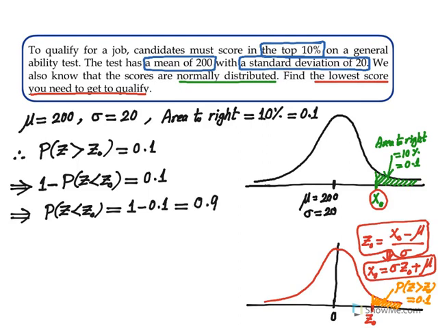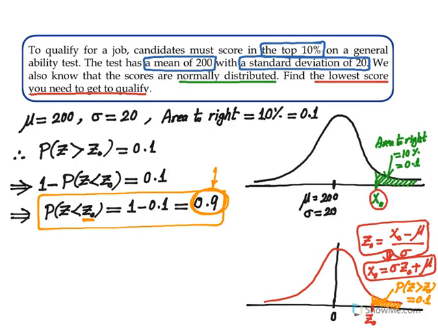So from this, you need to find z0. We know that the area is 0.9, and we want to find the z-score that gives us an area to the left.